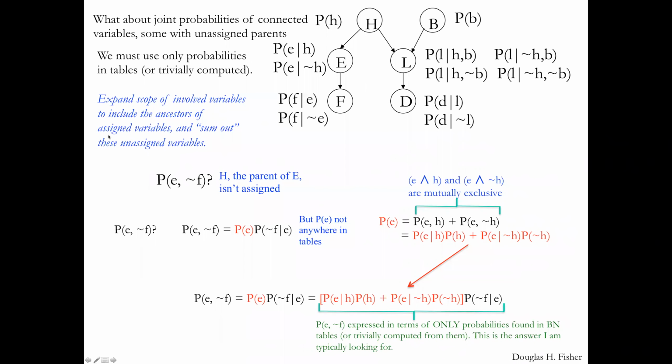What we want to do in this case is expand the scope of the involved variables to include the ancestors of the assigned variables and then sum out those unassigned values. So what am I talking about there? There's the joint probability. We know we can always rewrite a joint probability as a conditional probability times the probability of the conditioning information. So I can rewrite this joint probability as this product.